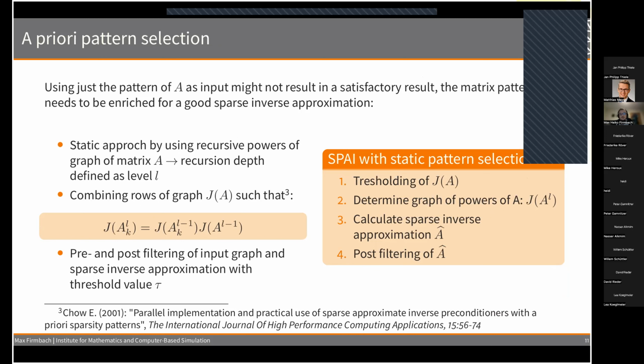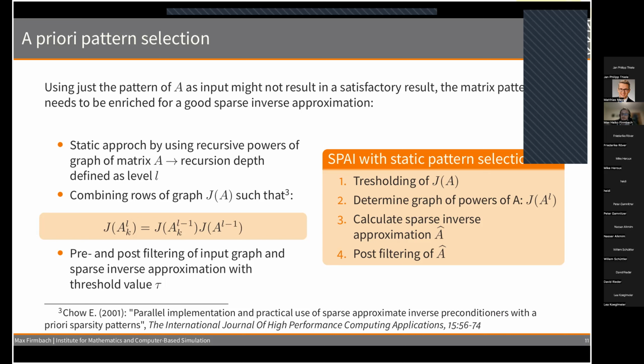So we try a very empirical approach that turns out to be quite good and efficient. So we use a static approach by using recursive powers of our matrix graph A. So what does that mean? It just means we multiply A with itself, and then we take this graph of our multiplication, which is enriched.